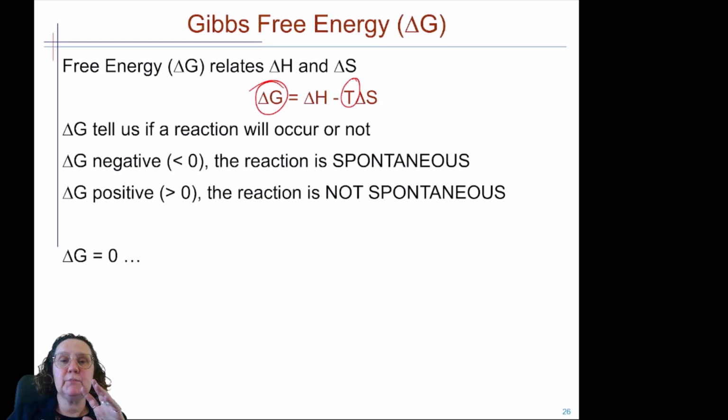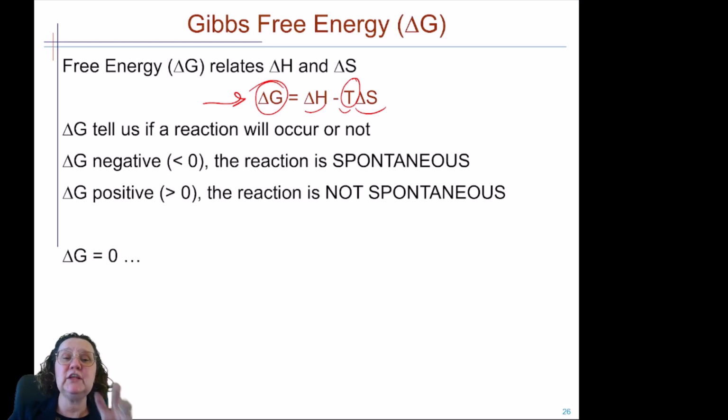So, depending on the temperature and the change of entropy, it is possible for a reaction to be spontaneous or not, depending on what the changing enthalpy is. But you don't have to look at the details, what's the enthalpy, what's the temperature, what's the entropy. You just need to know this value, calculate it, measure this value. So delta G, the change in Gibbs free energy, will tell you if a reaction will occur or not, spontaneously.